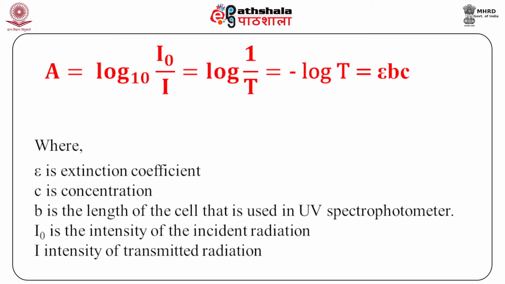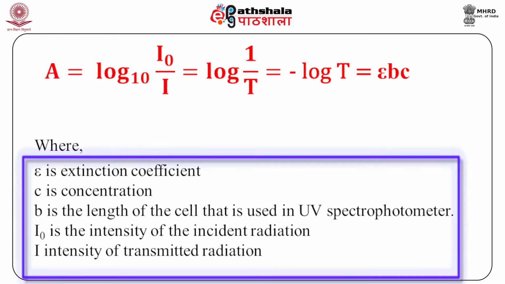Now here students, as explained earlier also, E is the extinction coefficient, C is the concentration of the sample, B is the length of the cell that is used in the UV spectrophotometer. As we already told you, the cells used in UV spectrophotometers are also known as cuvettes. So B is the length of that cuvette.